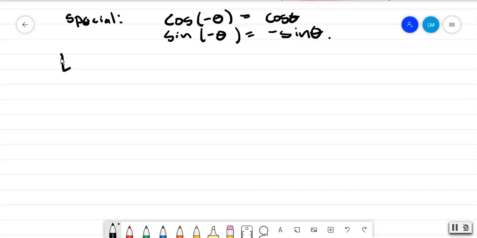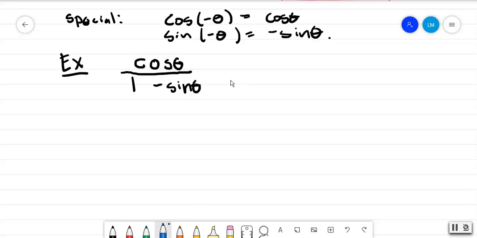So let's go ahead and look at another example. Let's say that you have cosine of theta divided by 1 minus sine theta. Now, whenever you're given an expression like this, there is a way to rewrite it. To rewrite it, basically you have to multiply by the conjugate.